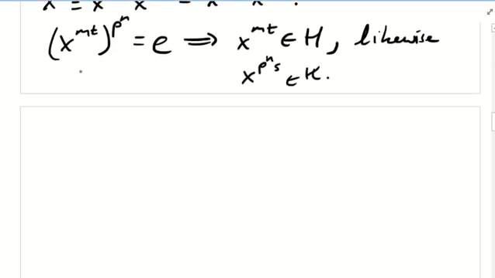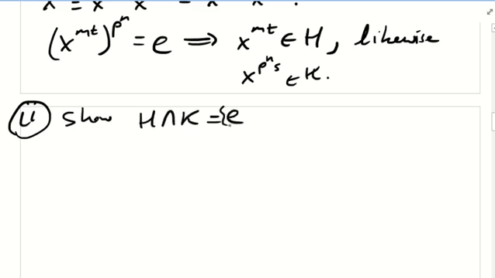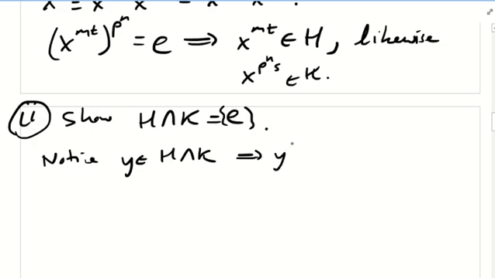All right. Part 2 of our argument here is to show that the intersection of these is the identity. Well, notice that if y is in the intersection, that means that y to the p to the n is equal to y to the m is equal to the identity. Okay?